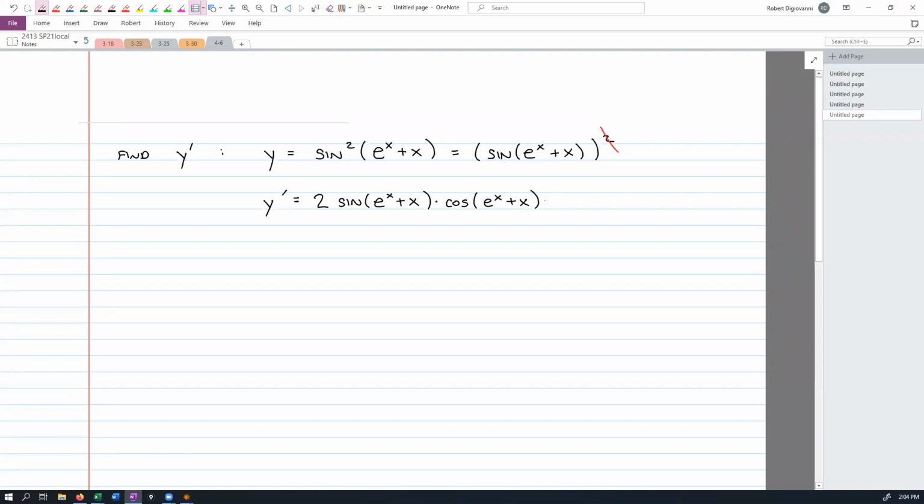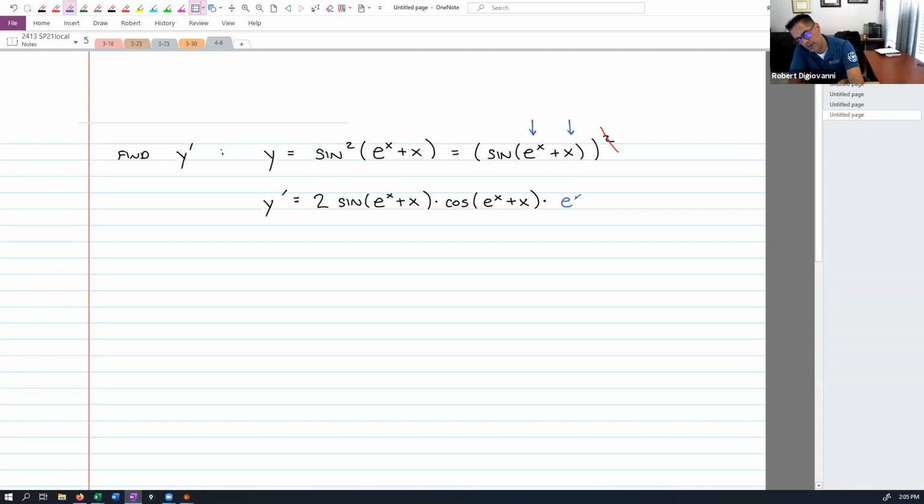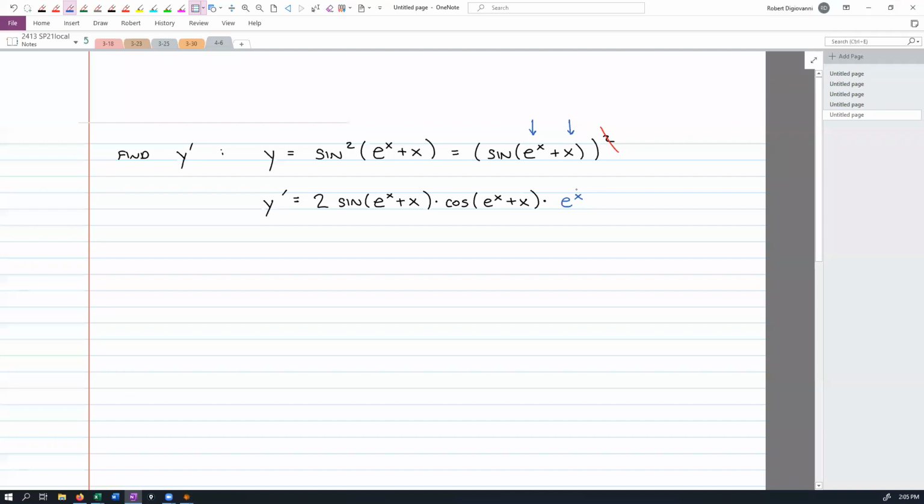Then you have to deal with the stuff that's inside now. So that would be what? The derivative of the inside. The derivative is going to be, since it's an e to the x, it will still be e to the x. Yeah, right? e to the x, good. And plus 1.